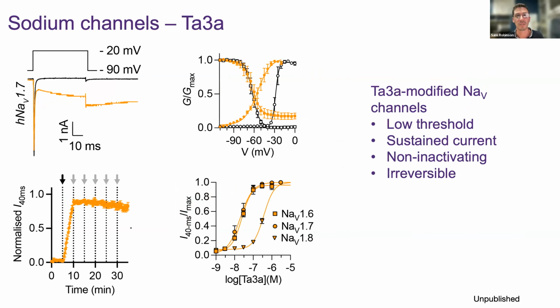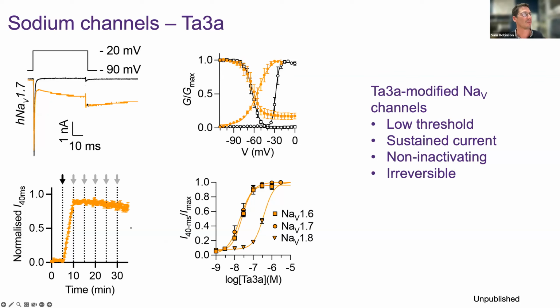And then TA3A, which is the main component from Tetramorium africanum venom. Again, this one did something really a little different. The channel wouldn't inactivate when the toxin was present, and the toxin locked it open. It wouldn't even inactivate once you repolarized the cell.